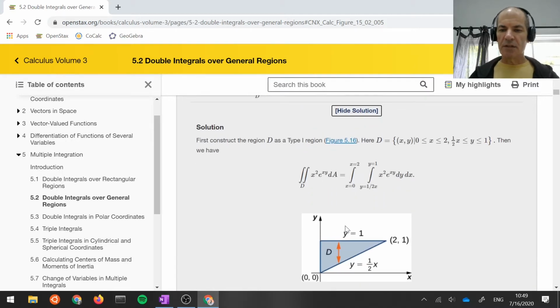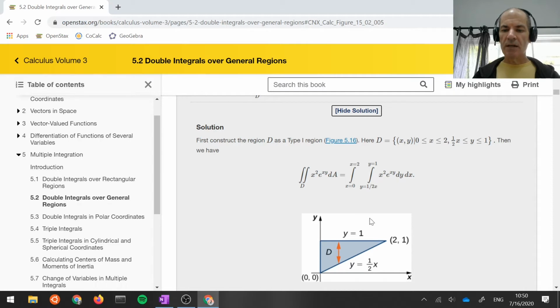Okay, so here's figure 5.16, and we're integrating x squared e to the xy over this non-rectangular region. We'll treat it as a type 1 region, which means we need the equations of the upper and lower boundaries, and we're going to integrate vertically first. That means we're integrating in the y direction first.